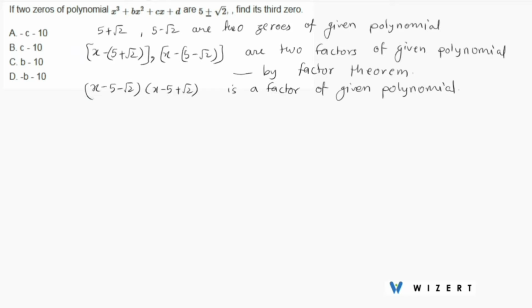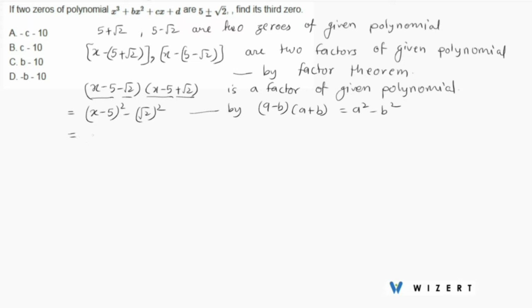To simplify, we can use a minus b, a plus b identity, which gives us a square minus b square. So x minus 5 whole square minus root 2 whole square, by a minus b, a plus b equal to a square minus b square identity.